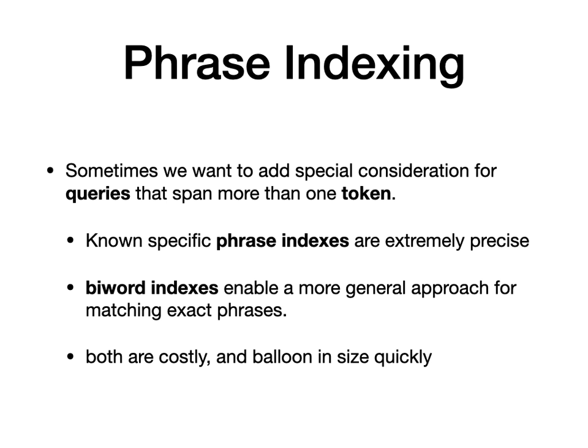To expand a little bit, we can also make byword indexes, which allow a more general approach for matching exact phrases, but they have some small issues. You don't want to have too many of these. And the issue with both of them is that they're going to explode in terms of their size.